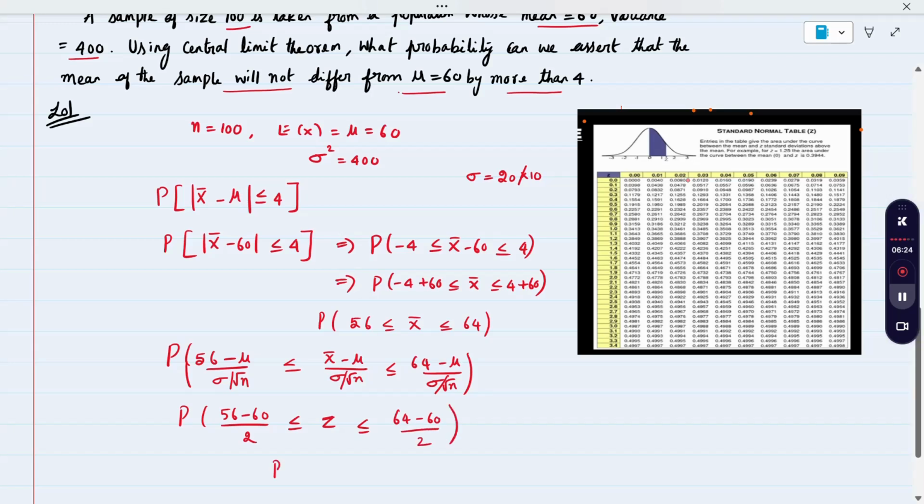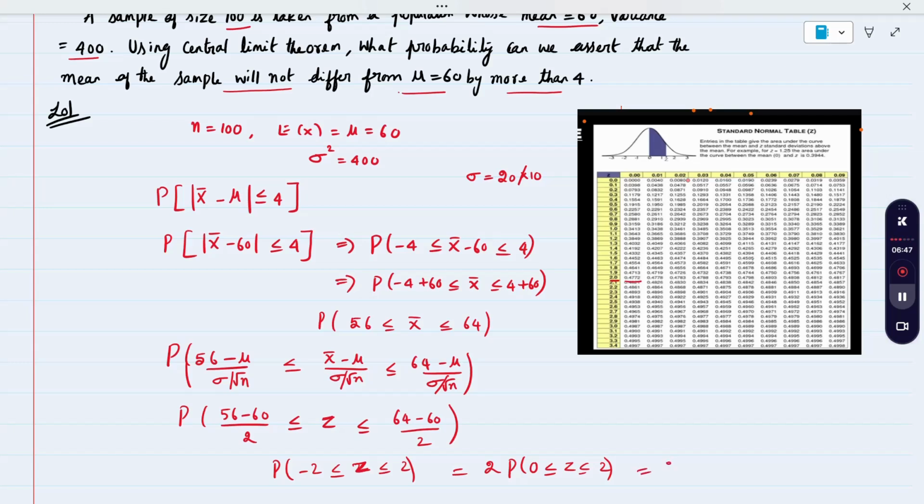So when I calculate it, minus 2 is less than or equal to z less than or equal to 2. When it is between minus A and A, it is 2 times the probability from 0 to A. So the probability from the table for 2 is 0.4772.